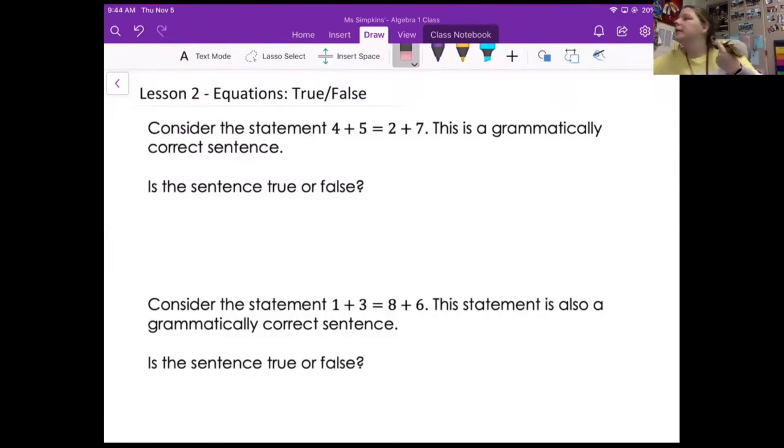If you were curious on the bell work questions, most people did okay on the first one. The answers were 11, -6, 8 and 4, no, 42, 30, I can't remember, 30, yeah, 30, sorry, it wasn't loading.